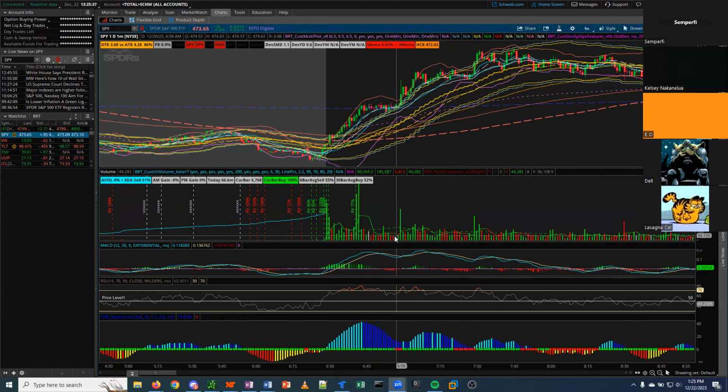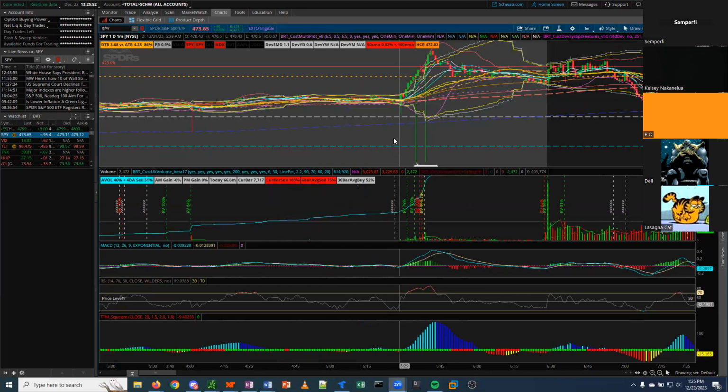The sellers were trying to take control, but there were no red volume bars. If we started to see red volume bars, even above this green one right here, then this one would probably have gone down instead of up.